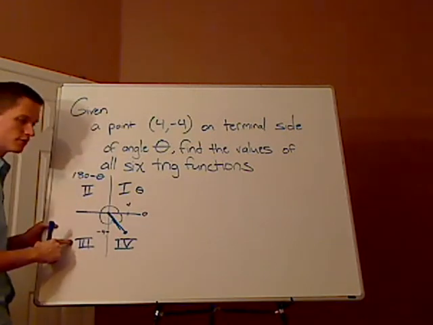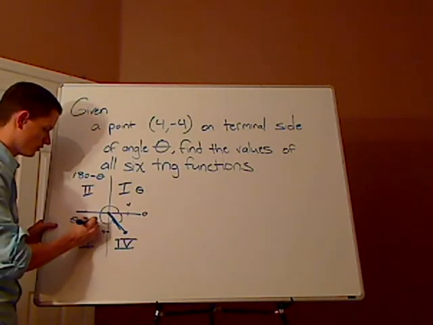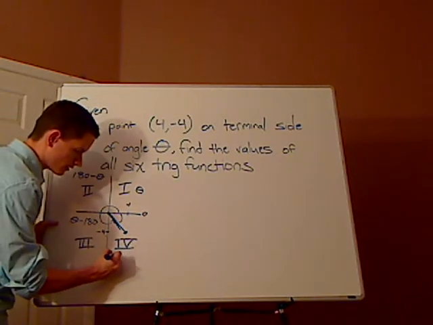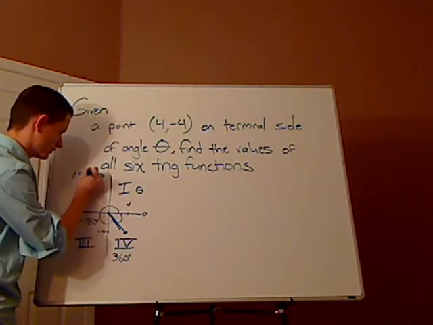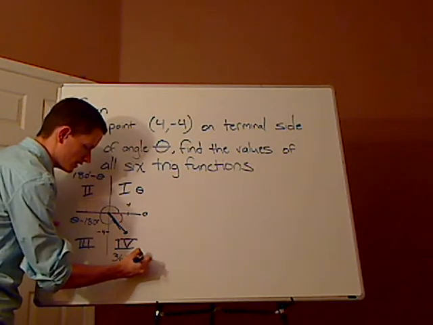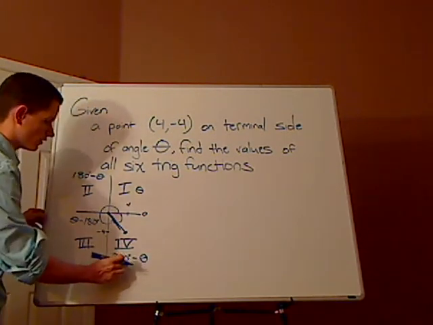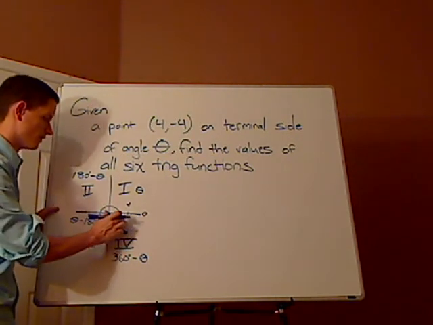If it's in quadrant 3, it's the angle minus 180. In here, it is 360 degrees minus theta. So it's going to be the leftover, right? This small little portion right here.